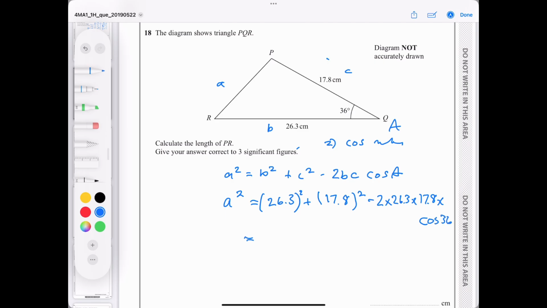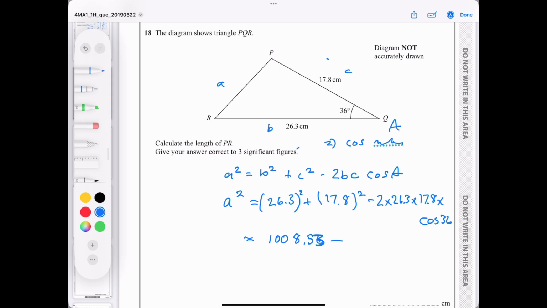And that would equal 26.3 squared, let's just do this, plus 17.8 squared equals 1008.53.